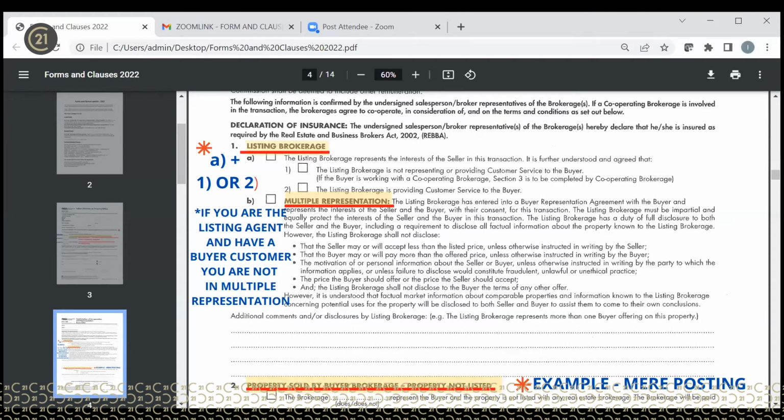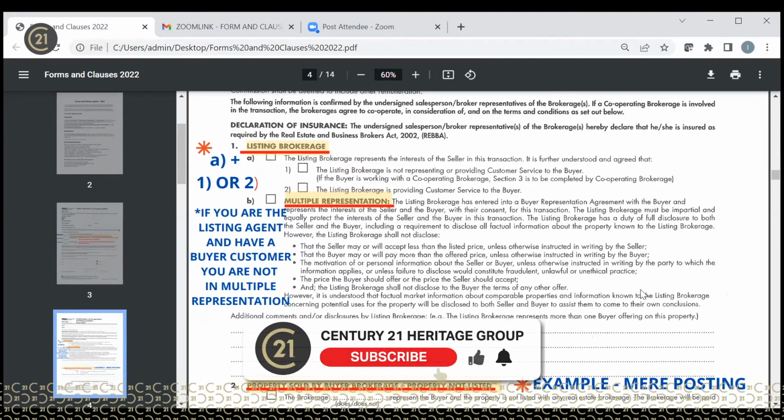So read through it, make sure you understand that part. The only time you are in multiple representation is if you have a listing agreement and a buyer representation agreement within the same brokerage.